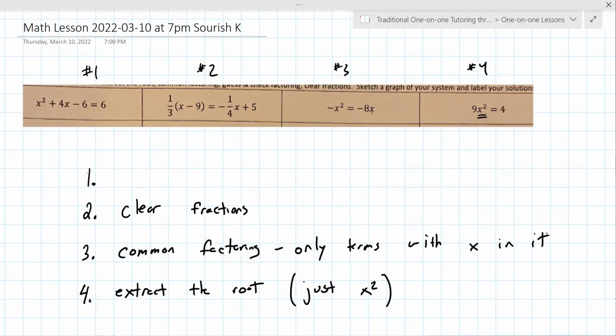See how each of these terms has an x in it? When you look at number 1, x squared has an x in it, 4x has an x in it, but minus 6 equals 6 does not have an x in it. When you look at this one on the right, 9x squared has an x in it.